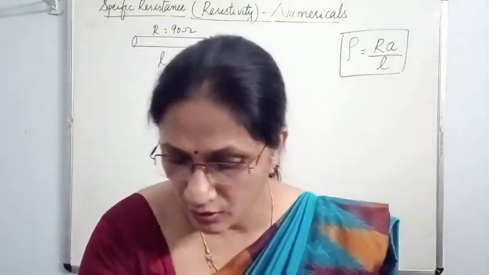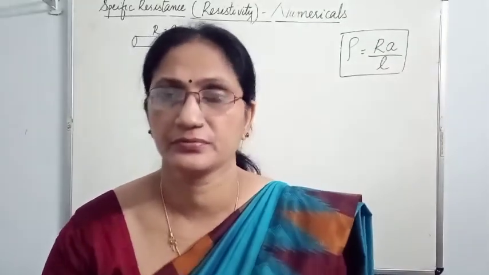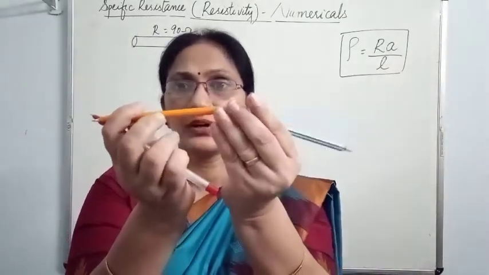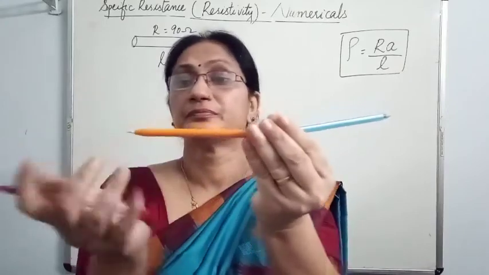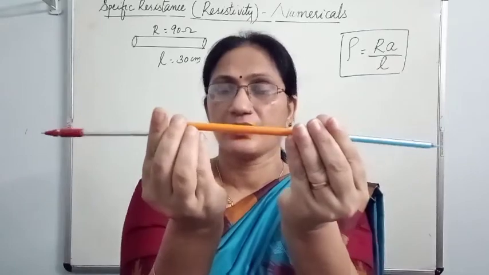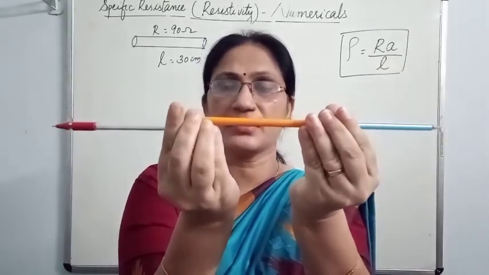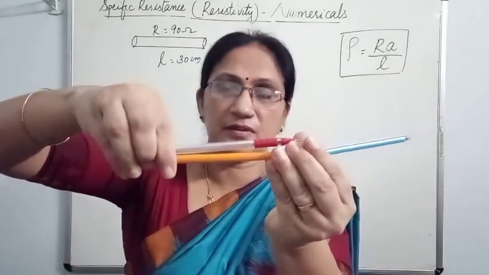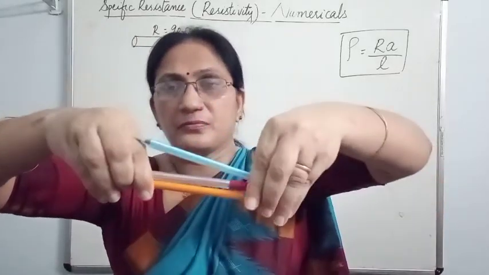What is the meaning of tripled on itself? Suppose this is the wire. Imagine this is the wire, of 30 centimeter length. Tripled on itself means you are folding in this way. Again, once again.